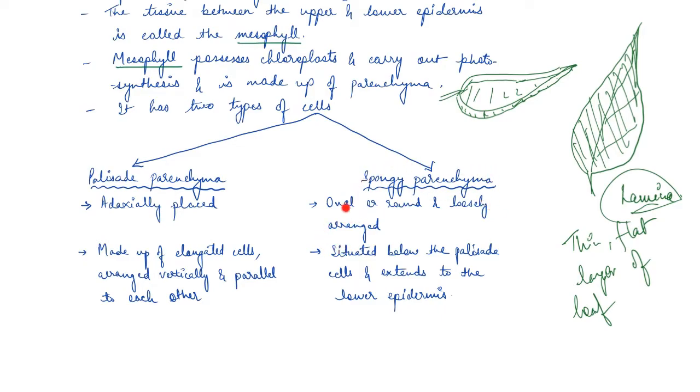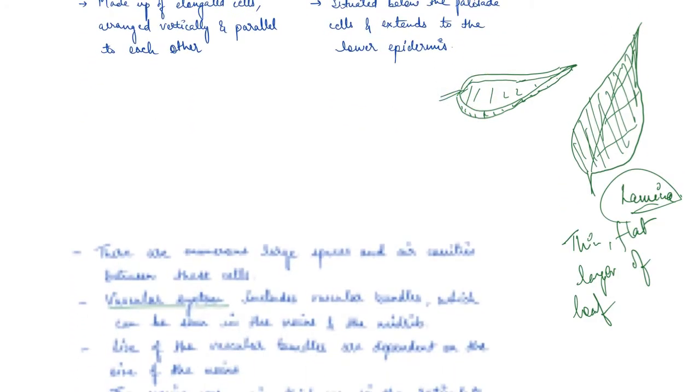The spongy parenchyma are situated below the palisade parenchyma, and extend to the lower epidermis or abaxial epidermis, right? Now there are also numerous large spaces and air cavities present in between these cells.